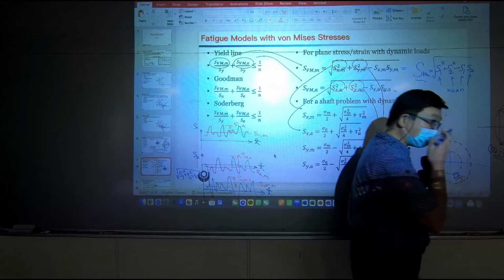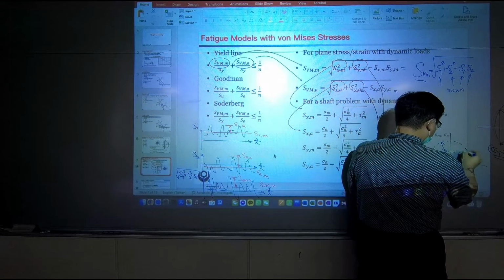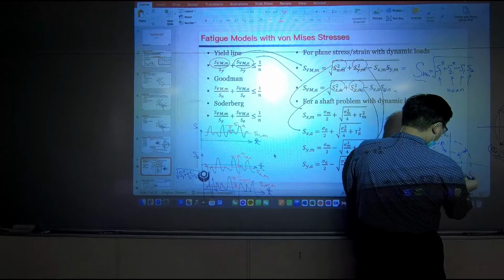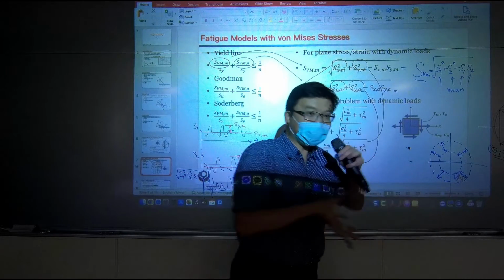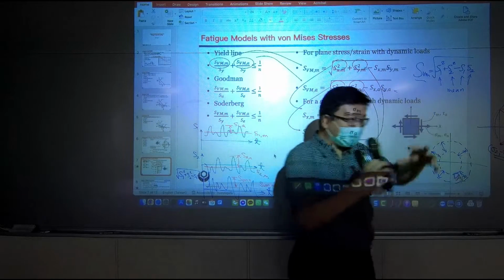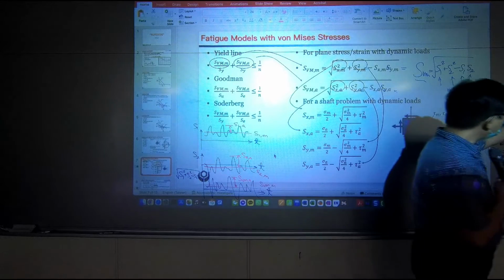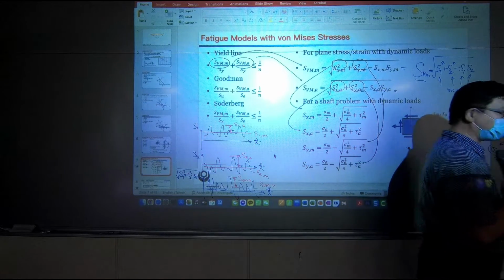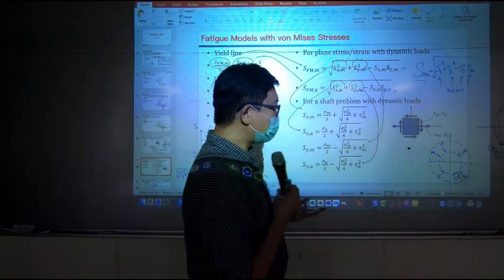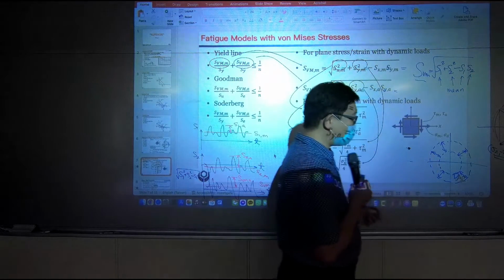The Mohr circle is going to be changing its shape inside a band. But the shape of this band really depends on how each stress fluctuates. What we can do is try to get the mean value and the amplitude.